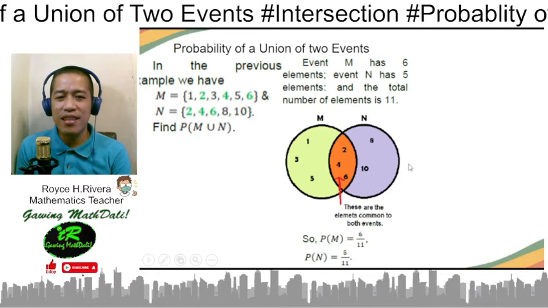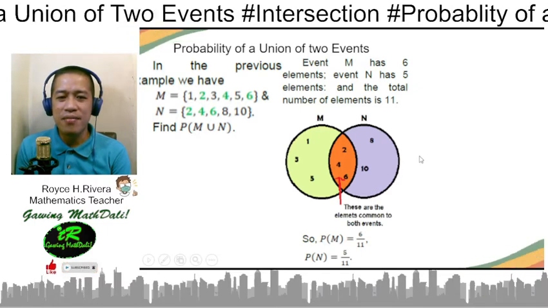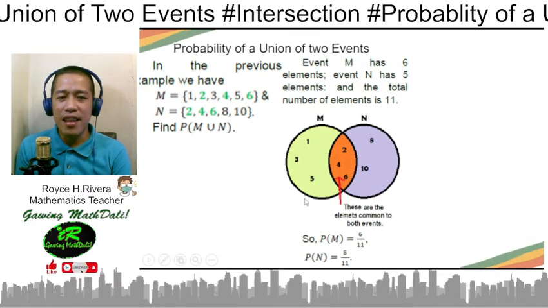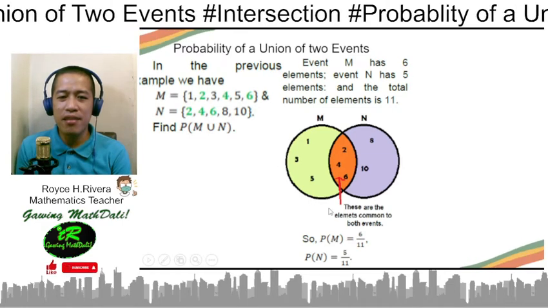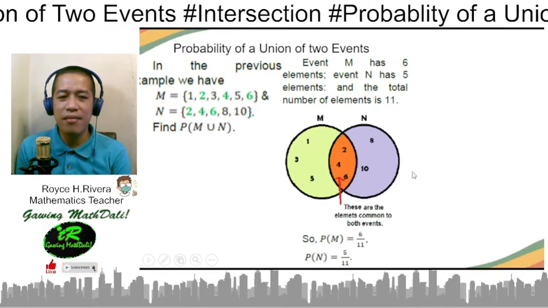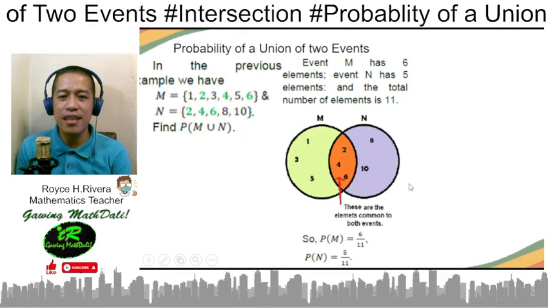Look at this figure. Event M is represented by the first circle and event N is represented by the second circle.